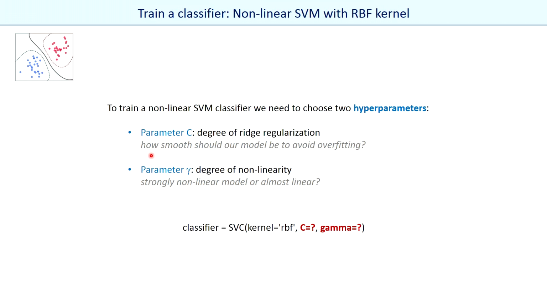The second parameter, gamma, controls how strongly we bend the boundary while using the kernel. Do we need a very rounded shape of the boundary or almost a straight line? At this stage, we don't know what values to put for these parameters. We don't know what values are appropriate for our problem and for our dataset.